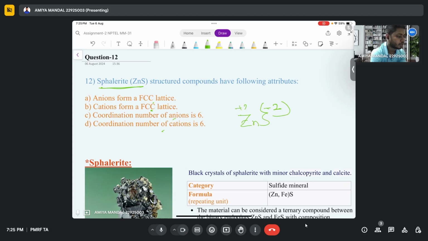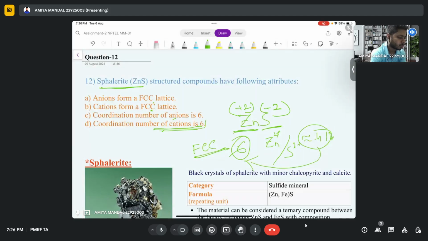In ZnS there is negative charge and positive charge. They are coordinated in an FCC lattice, with 6 coordination number according to their cationic and anionic radii, Zn2+ being small. The cation has 6 coordination number, but why not the anion?